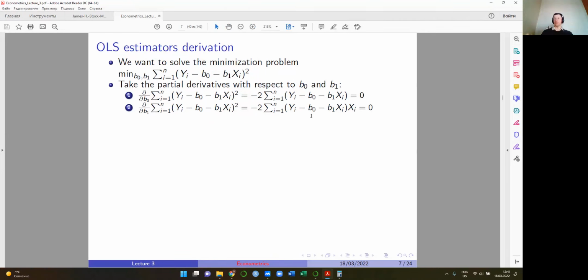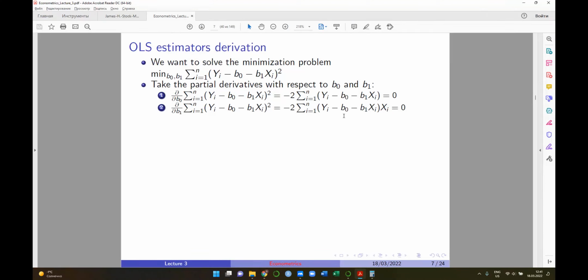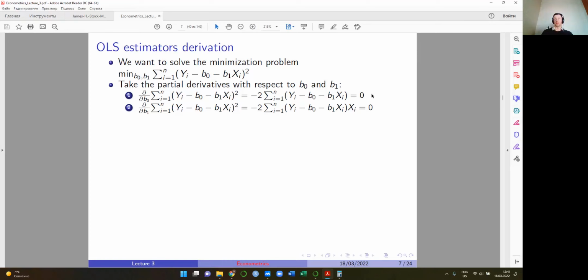Well, the solution of a minimization problem assumes that we must set both partial derivatives equal to 0, and we need to solve them with respect to b0 and b1. Just to be more precise, these are not just any b0 and b1, but special b0 and b1 such that this expression is minimized.